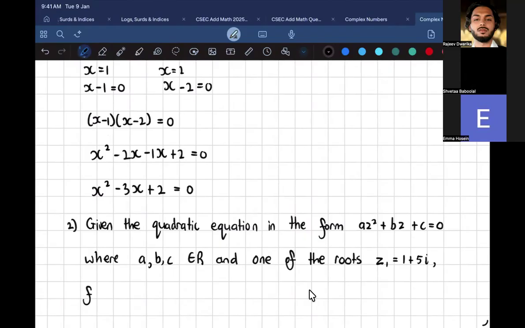Find the equation. Find the initial equation. Cool.